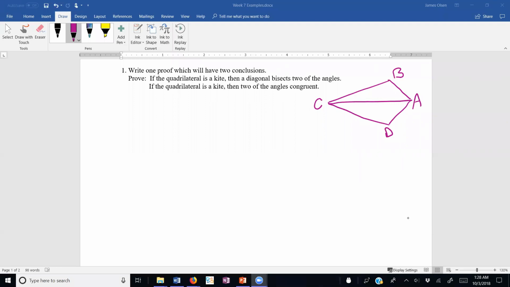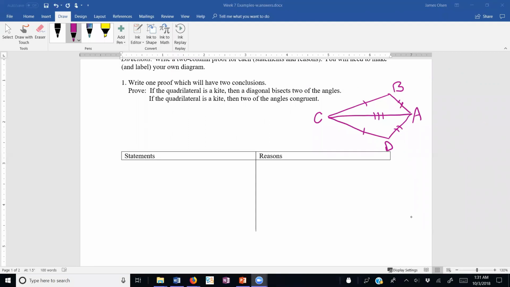Now, let's see what we have congruent. By the definition of a kite, this segment is going to be congruent to this segment. This one will be congruent to this one. And the diagonal is congruent to itself, so these two triangles are going to be congruent. So let's see if we can write our statements and reasons.